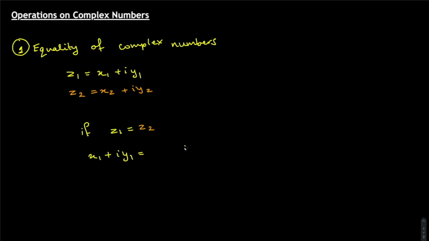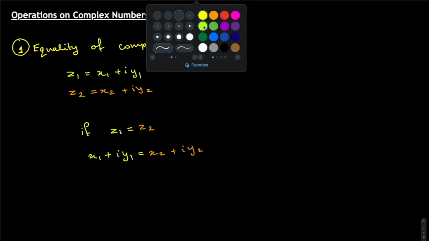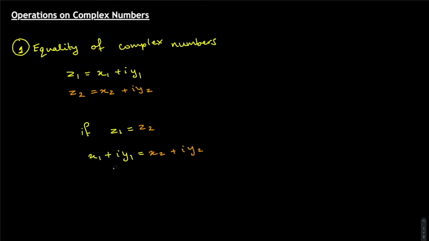For this equation to be equal, what we can say is that X1 is equal to X2 and Y1 is equal to Y2.